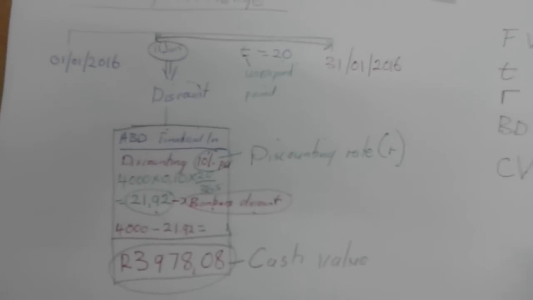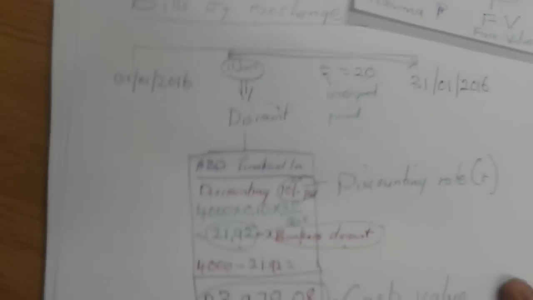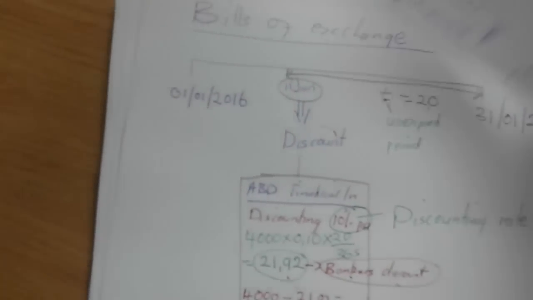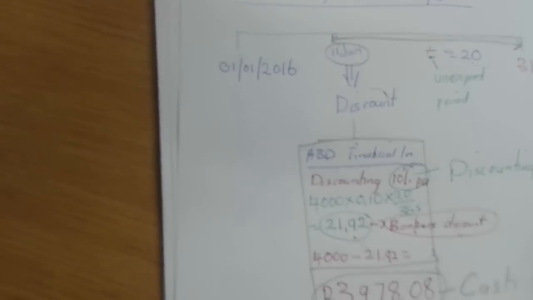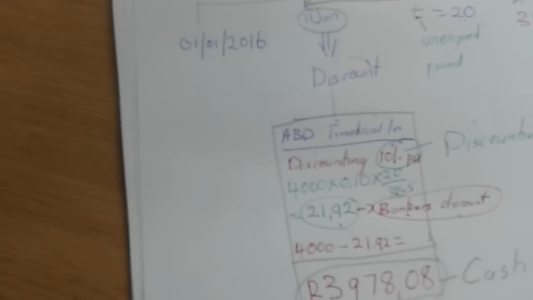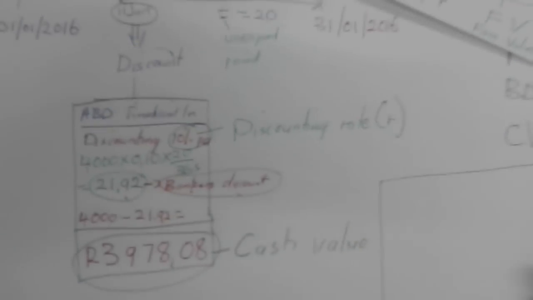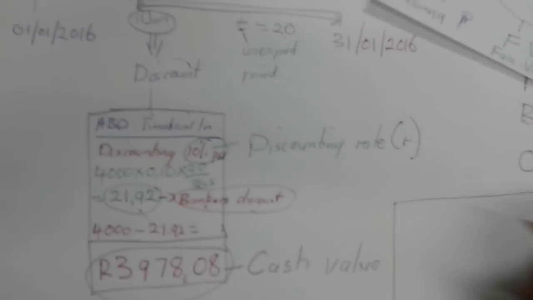So quickly, let's now come up with formulas. Firstly, remember we have got our bill, and then on the 11th, you're going to discount it. The first thing is the financial institution is going to calculate the discount. How do they get it?